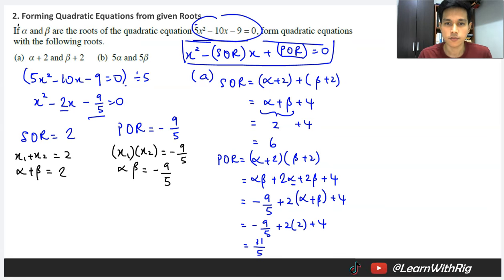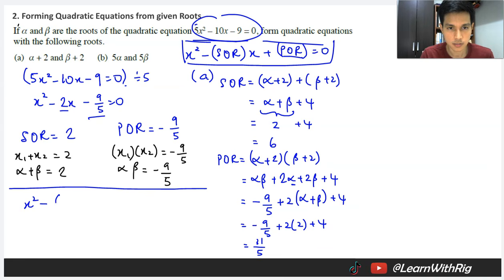Now you've already gotten 31 over 5. How can you form your equation? I'm going to write here because I've got no space there. Your new quadratic equation is x squared minus, because you're following this format, right? Just substitute your SOR.